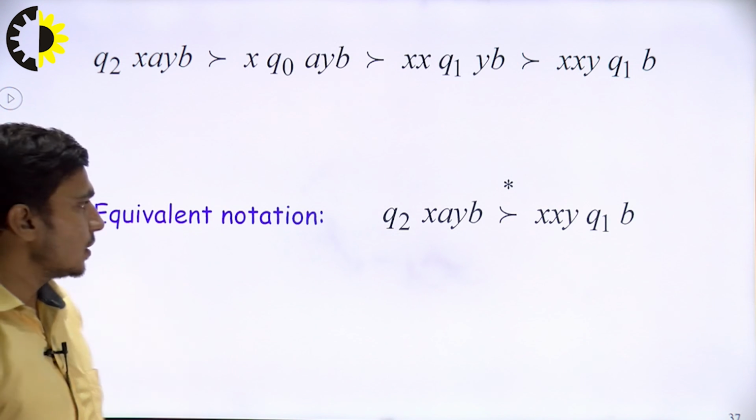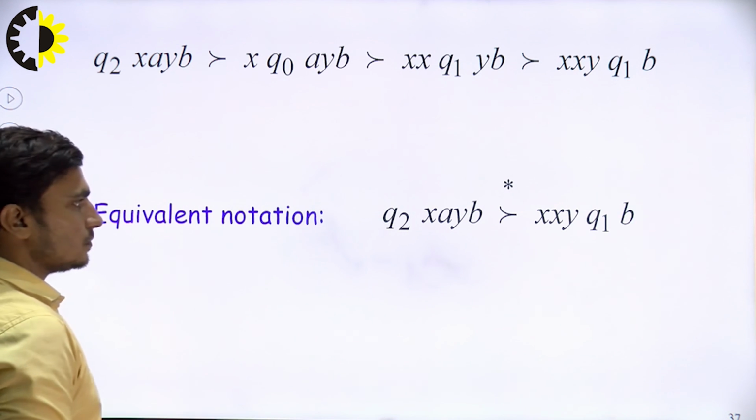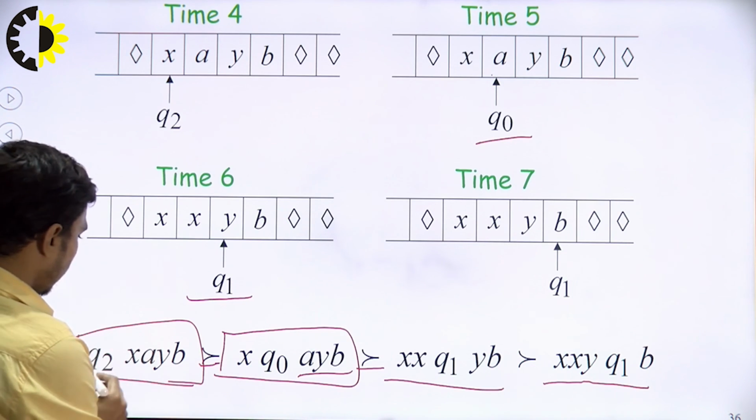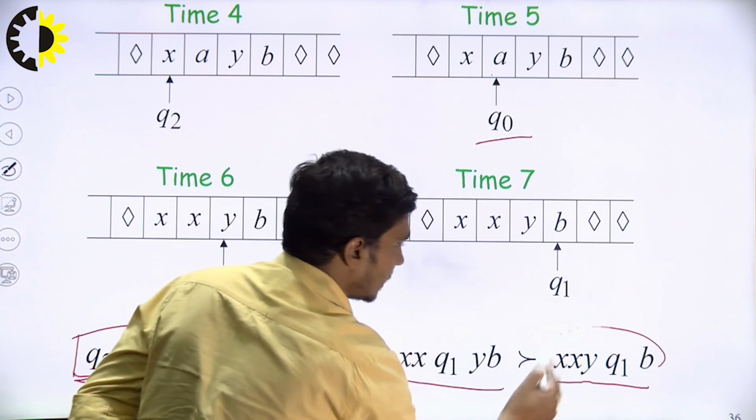Now we can also represent multiple moves. From this ID, what is being generated? This ID is generating this one.